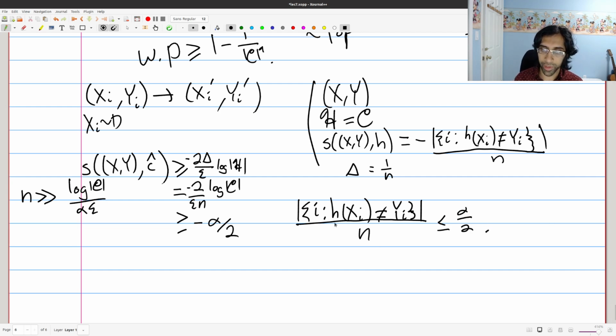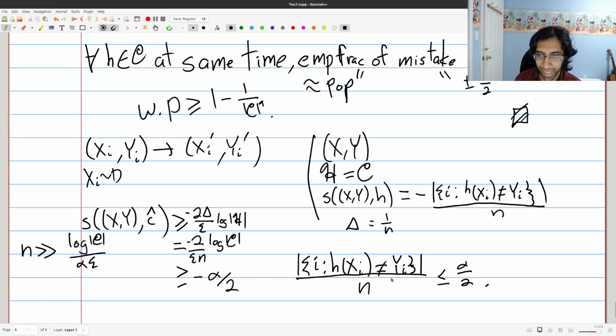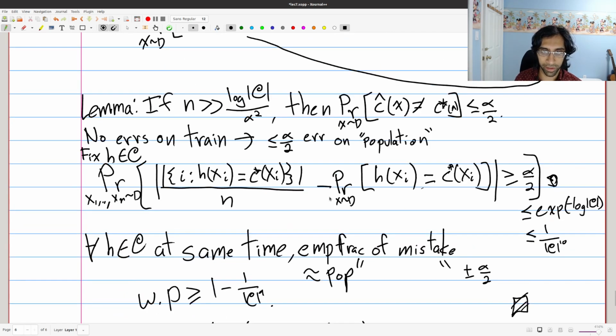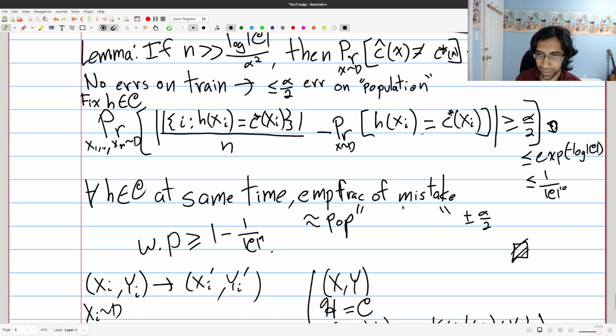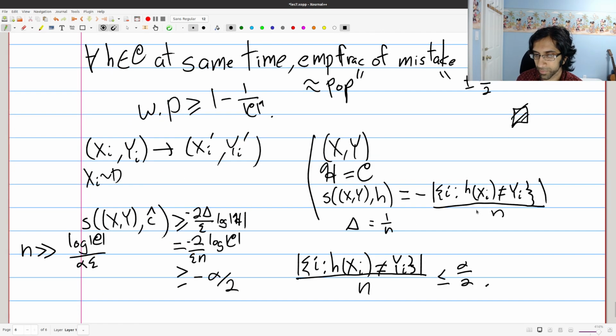So it's going to output something with a small number of empirical errors. We combine that with the following concentration bound that we used here. We noted that the empirical fraction of mistakes is going to be approximately the population fraction of mistakes up to an additive alpha over 2.